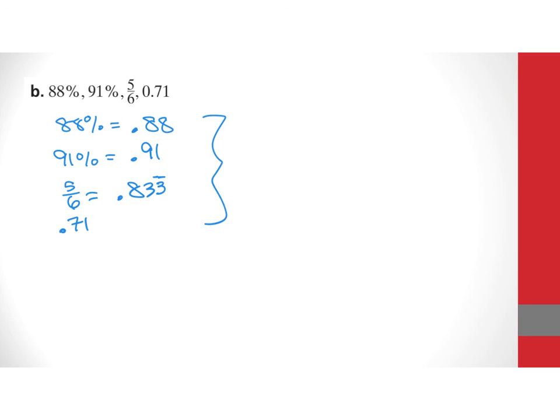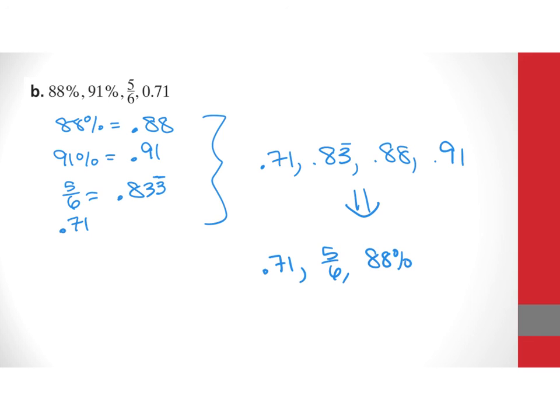So if I write these in order from least to greatest, we have 0.71, then we have 0.83 repeated, then 0.88, and 0.91. So all of this then, if I write them from their original format, we have 0.71, 5/6, 88%, and 91%.